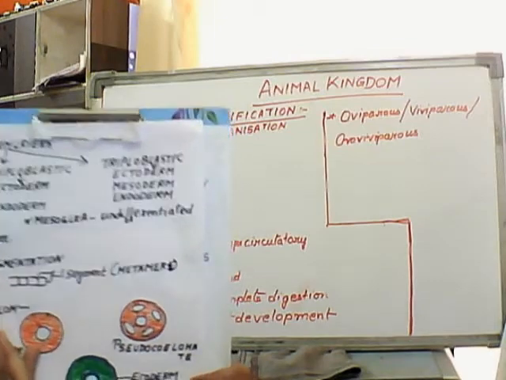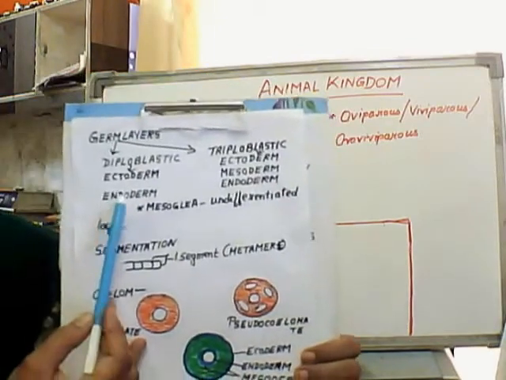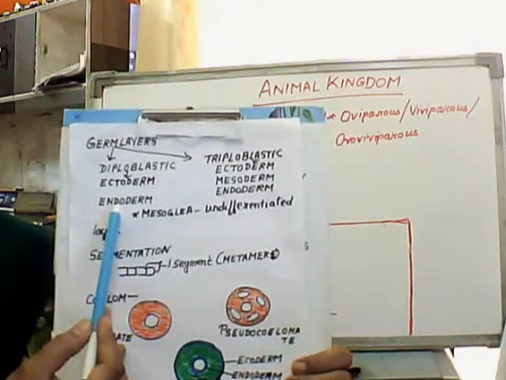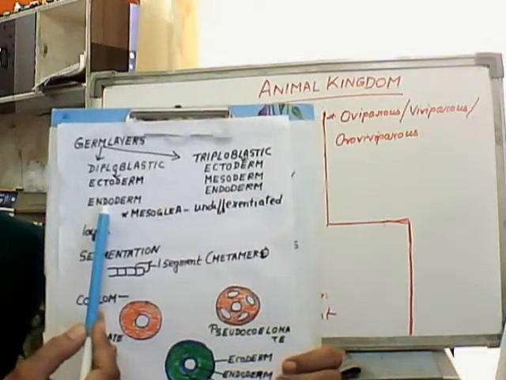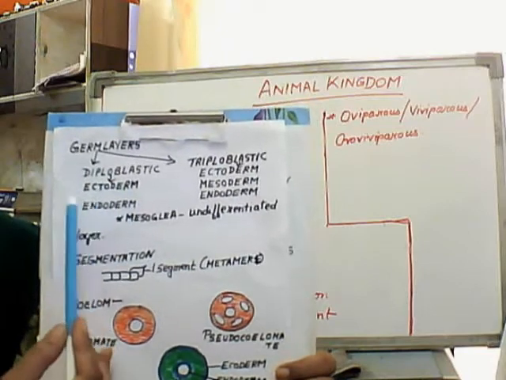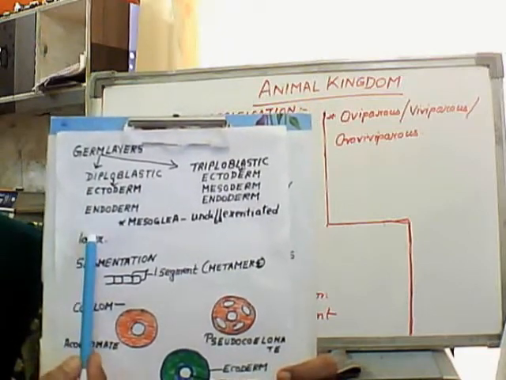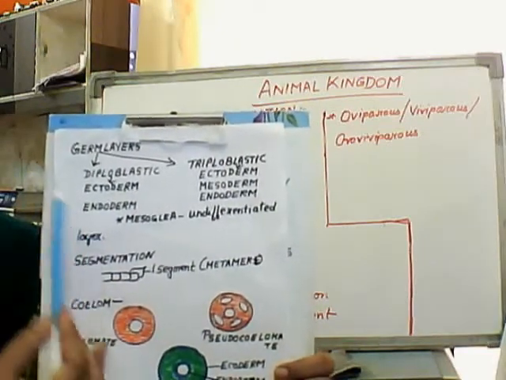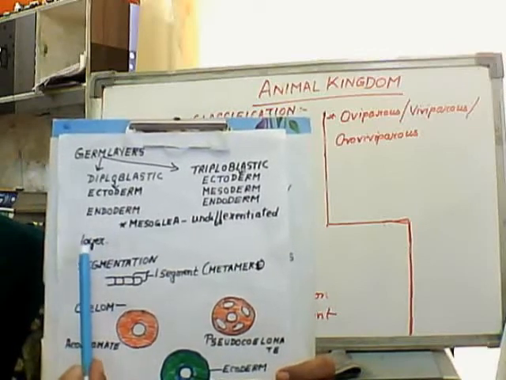If they have two layers, you just see ectoderm and endoderm. Actually there are three germinal layers: one is the ectoderm, endoderm and mesoderm. But in all animals, they do not have all the three layers.